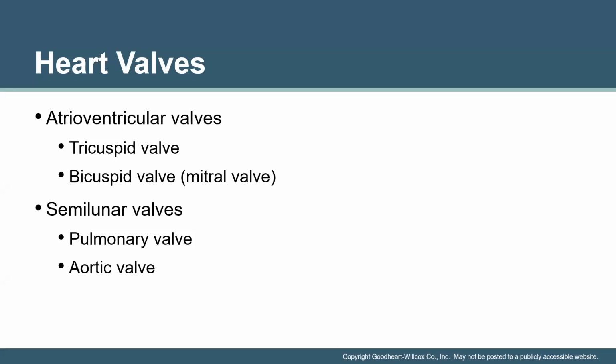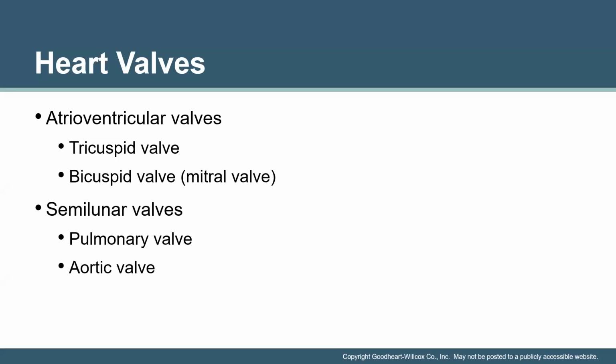This is relevant. You have 4 valves that are of high significance. You have atrioventricular valves. Look at the word: atrioventricular valves tells us that these valves will separate the atria, upper chambers, from the ventricles, bottom chambers.